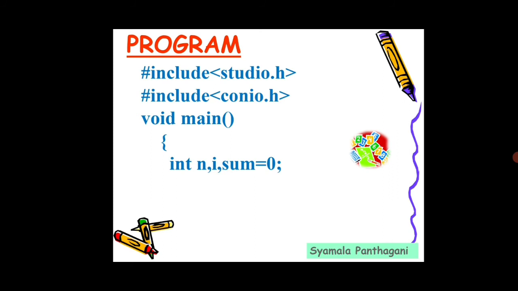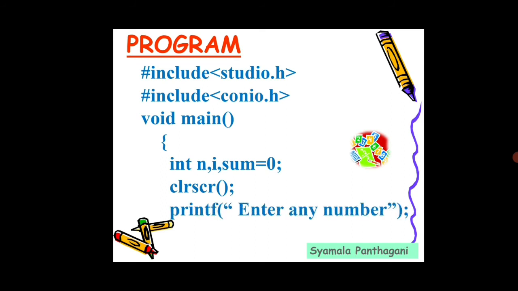We are initializing the variable sum with 0, and clrscr is here. Here we are printing enter any number. The printf function displays the message which is included between the double quotations. And scanf. We are taking a number from the end user, that is the integer type data, and it is stored in the variable n.